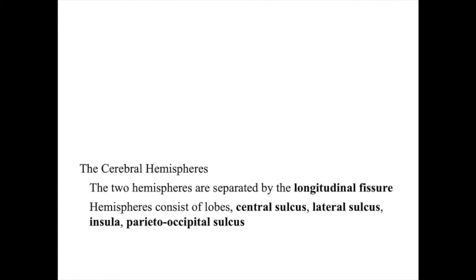So these are very clear markings that we can use to divide the hemisphere into lobes. Lobes are portions of the brain. They include gray matter and white matter. So you oftentimes will hear people speak about the cortex, for example, the frontal cortex and the frontal lobe.